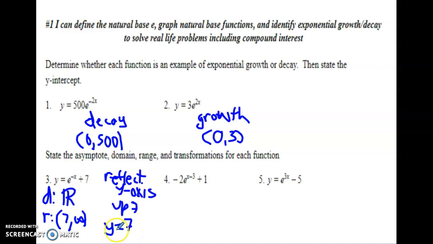It's a horizontal one because the range is what's changed. The range is limited. And also the range tells you the y value, so it tells you what it starts at. Okay, next one.